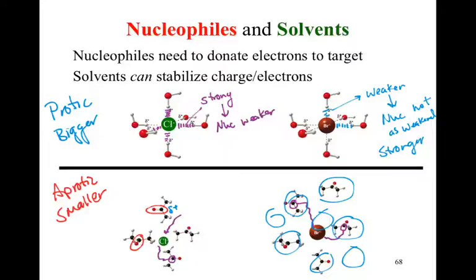Chloride being so small has relatively minimal interactions, or fewer of them, so it has to break fewer interactions, because there's less in the way. If we wanted to call it that, and it's kind of weird to, we could call it less steric hindrance, which makes it the better nucleophile.